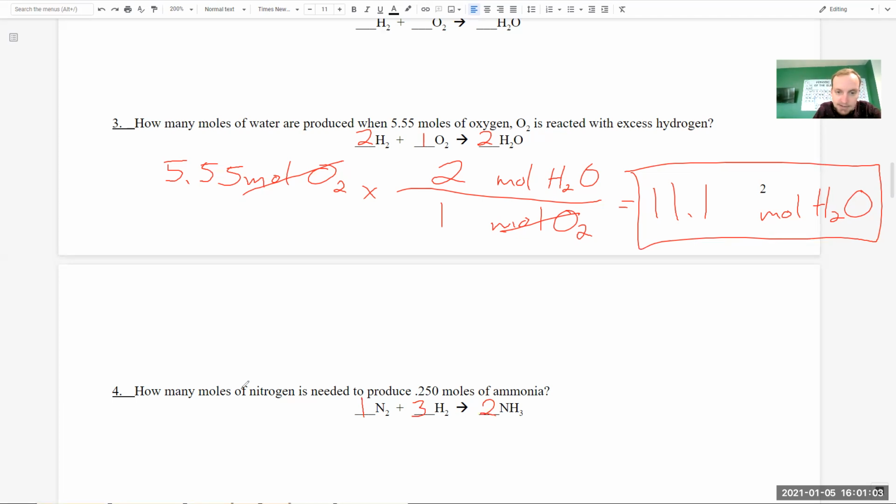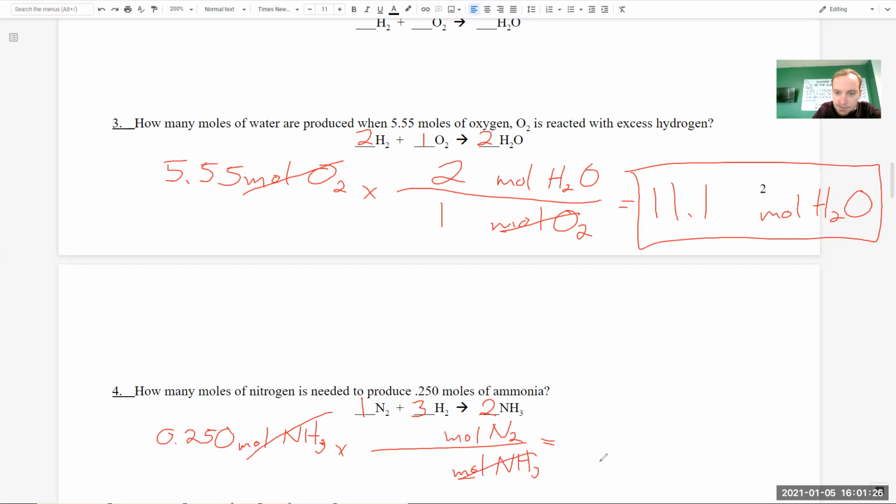All right, the problem again gives us 0.250 moles of ammonia. That's a 3, sorry. And then I'm going to go ahead and set up my equation for getting the numbers of the mole ratio. I'm not going to worry about that at this point. And then I'm going to ask how many moles of nitrogen, okay?